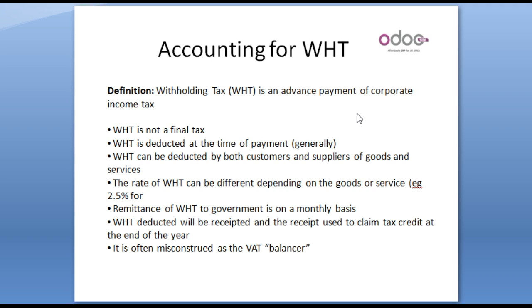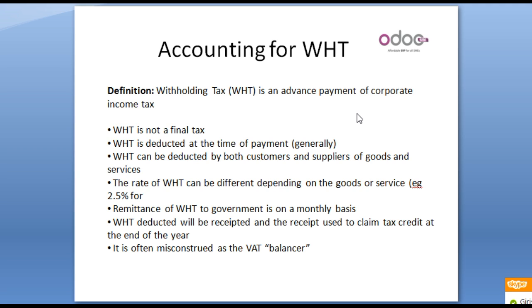So that means that the withholding tax deducted will be receipted, and that receipt will be handed over to the company from which the withholding tax is being deducted. That receipt will then be used to claim a tax credit at the end of the year.